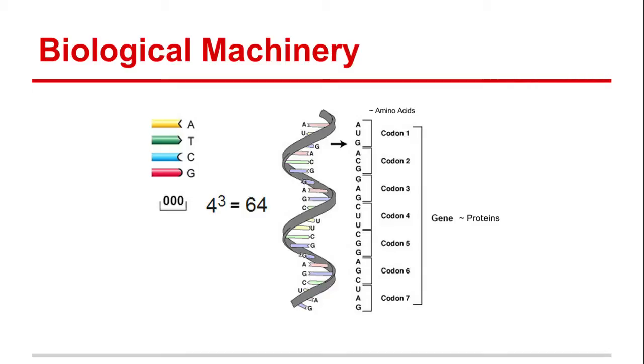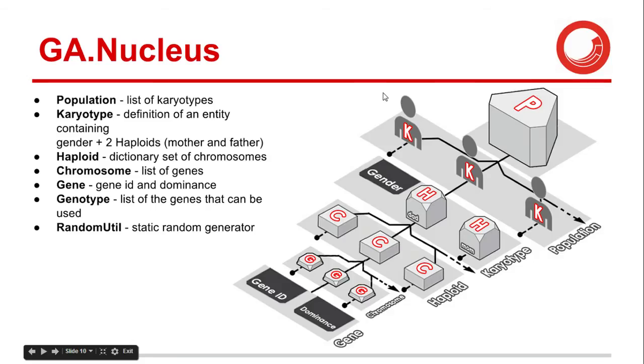And the gene is the base class, the base of the class library for the genetic algorithm. Okay. So the GA.Nucleus, which is the core library, has a population, which is a population of the solutions, the karyotypes in the biological definition.